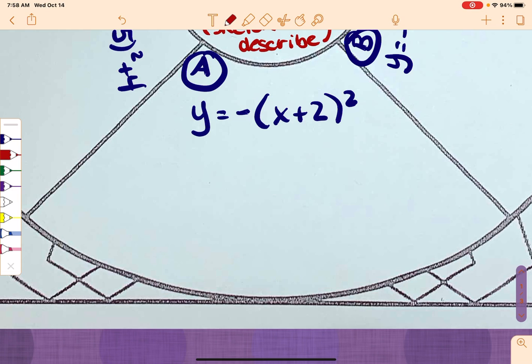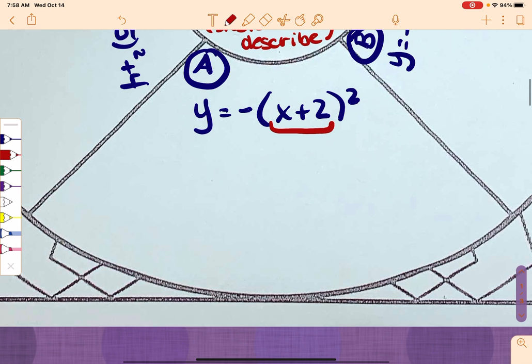So first of all, I have y equals negative the quantity of x plus 2 squared. So let's go inside here first. So this is a shift on the x-axis, and remember it's opposite. So if it's plus a number, that means it's going to go to the left 2.